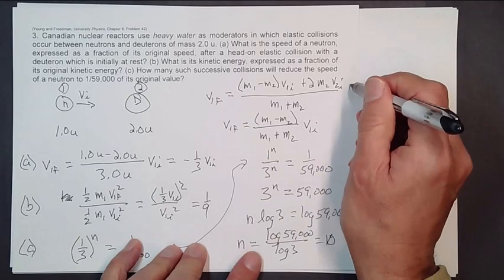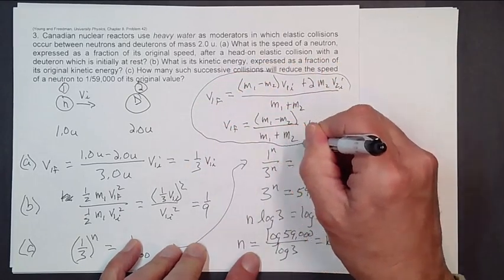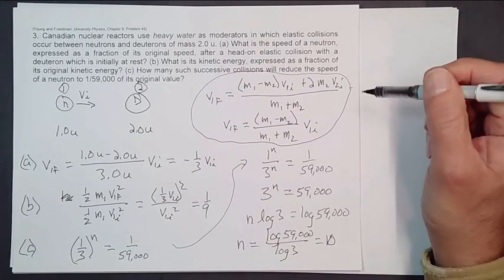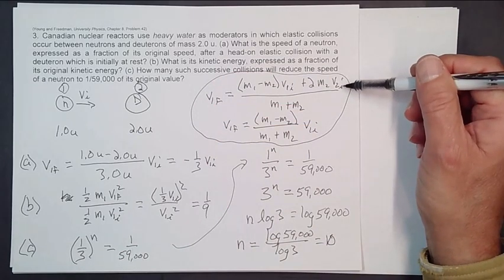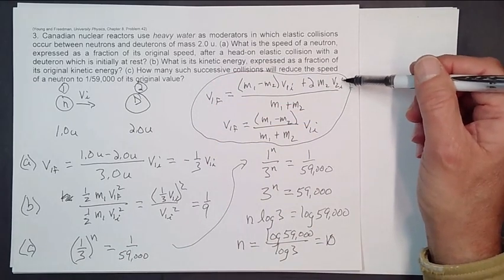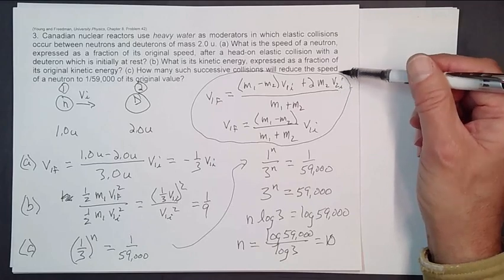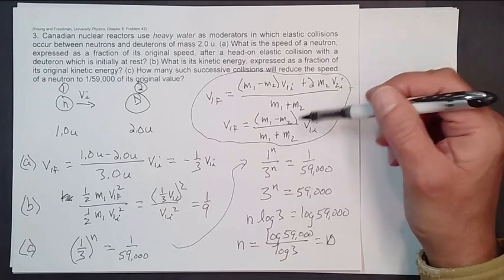And we did use this expression that we developed in class and found out that V2 initial is 0, so it simplifies quite a bit.